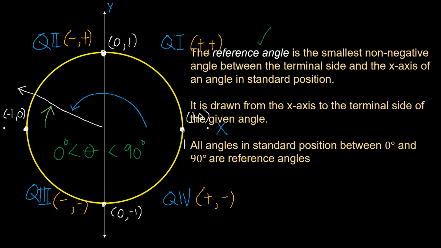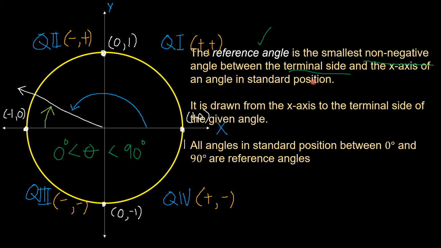The reference angle is an essential topic in trigonometry, because it is through the reference angle that you can identify some of the coordinates, some of the values of the 6 trigonometric functions: sine, cosine, tangent, cotangent, secant, cosecant. And when we say reference angle, it is non-negative, so you will always get a positive value between the terminal side.